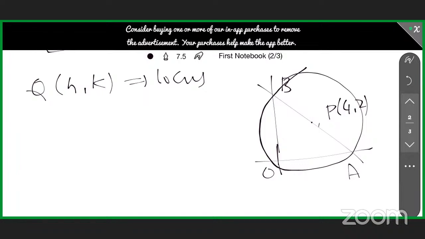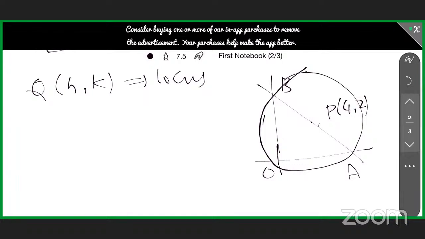If Q is the center of the circumcircle of triangle OAB, then this triangle is inscribed in this circle.